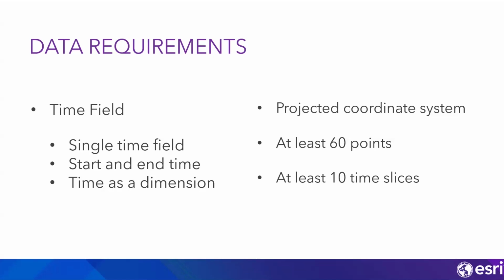This could be something at the level of state or local government authority, and so on. So you need to make sure it's projected correctly. Then for your data sets, there needs to be at least 60 rows, and of the 60 rows, you need to have different time intervals. This would be daily, weekly, monthly, annually, whichever way you want to look at this data.